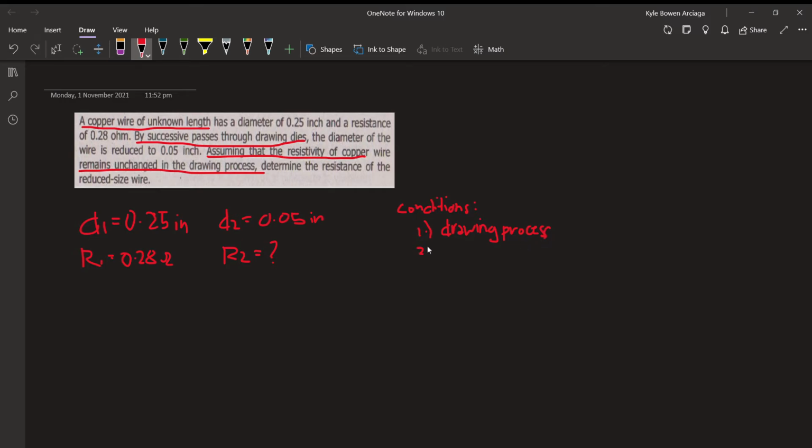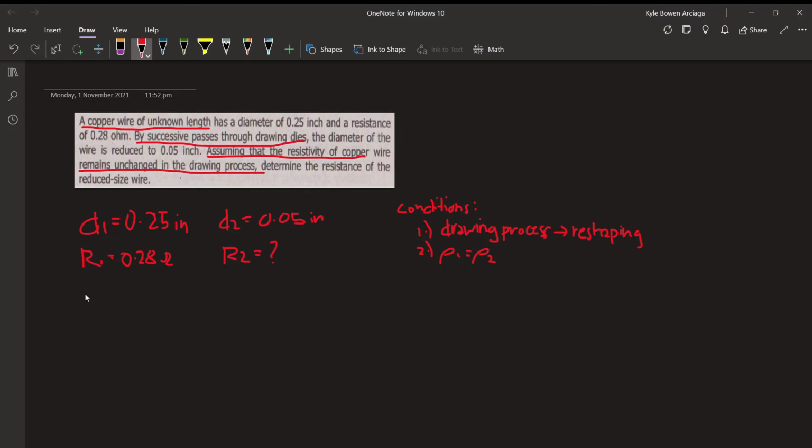Also, we have the same resistivity assumed. When you say drawing process, it means reshaping. I'm going to explain it later.